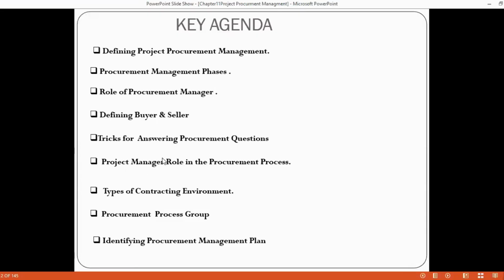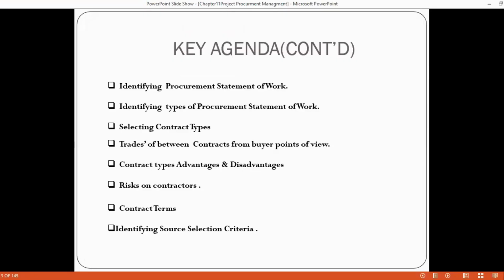As well, what is the role of the project manager in the procurement process if we're looking at a centralized or a decentralized organization. Types of contract environments. So what are the types of contracts, whether looking for fixed price, time and material, or cost reimbursable contracts. Procurement process groups, and identifying the procurement management plan.